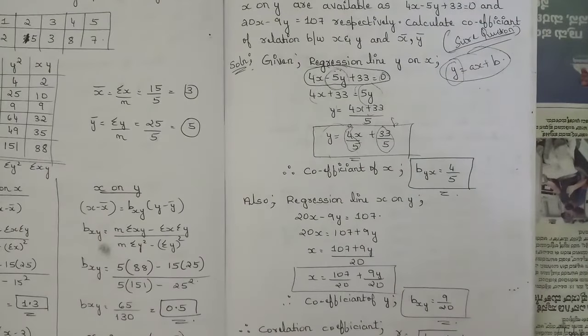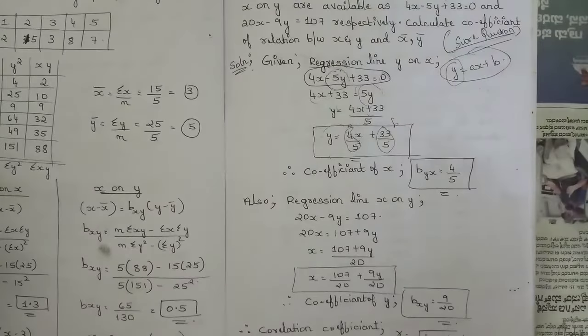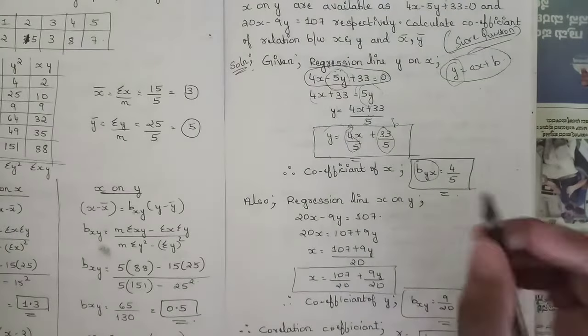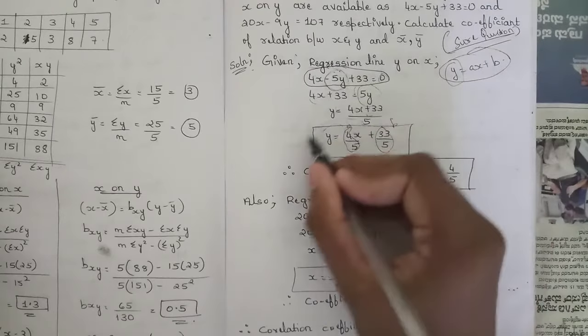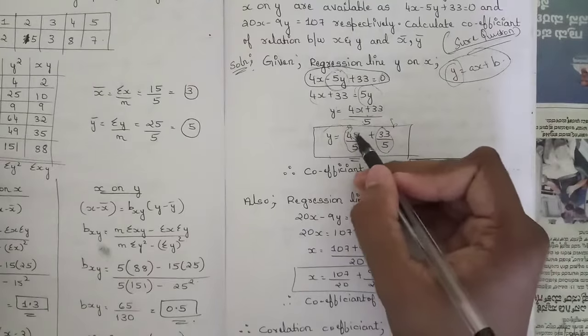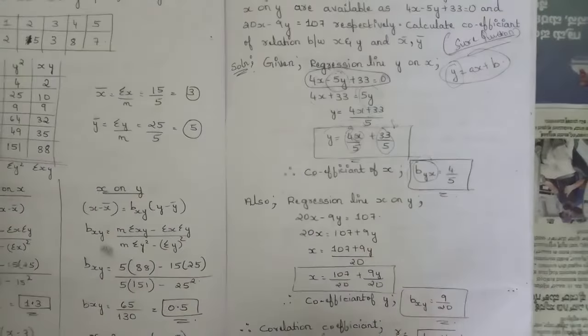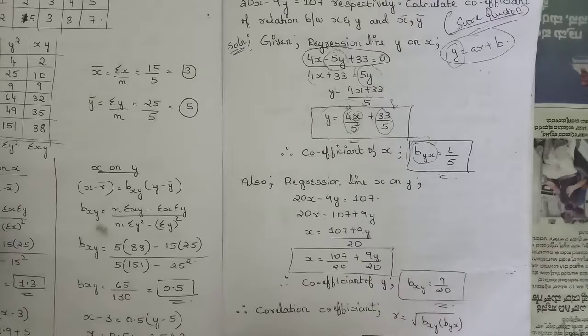But in order to write the coefficient of this regression line, that is byx, we can directly take the coefficient of x in this equation, that is 4 by 5, right? That only becomes your value of byx. So in this way we need to solve this.